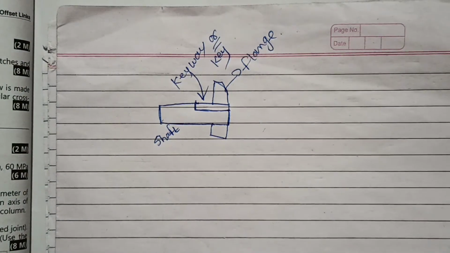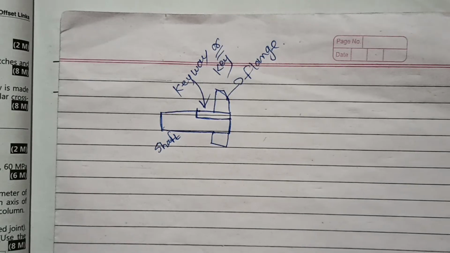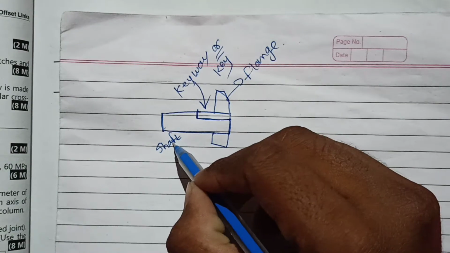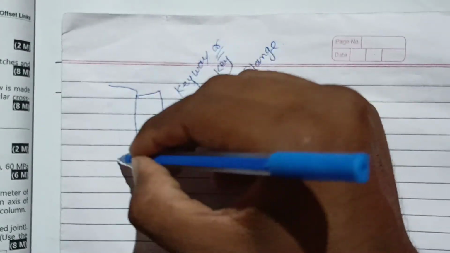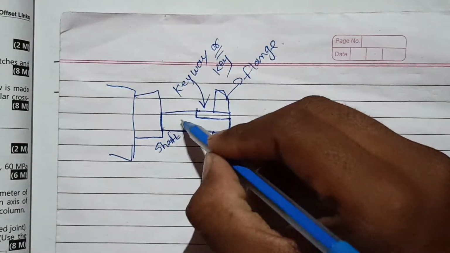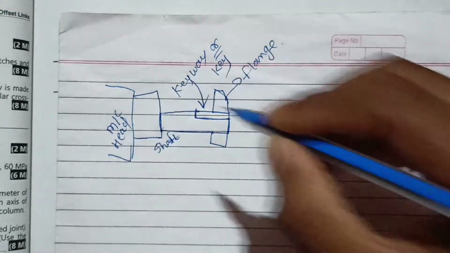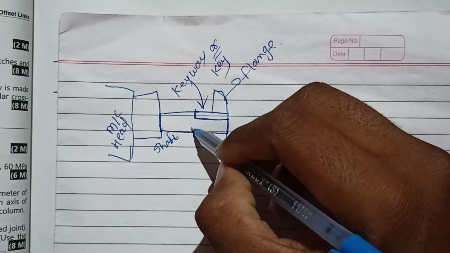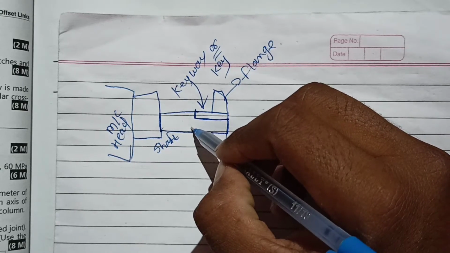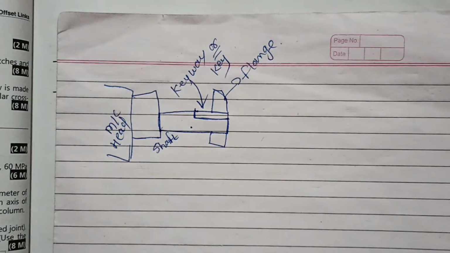The shaft is nothing but a rotating machine element. Consider this shaft is inserted in the machine head. At the time of machine operation the shaft rotates. Because of this it is a rotating machine element having circular cross section area.